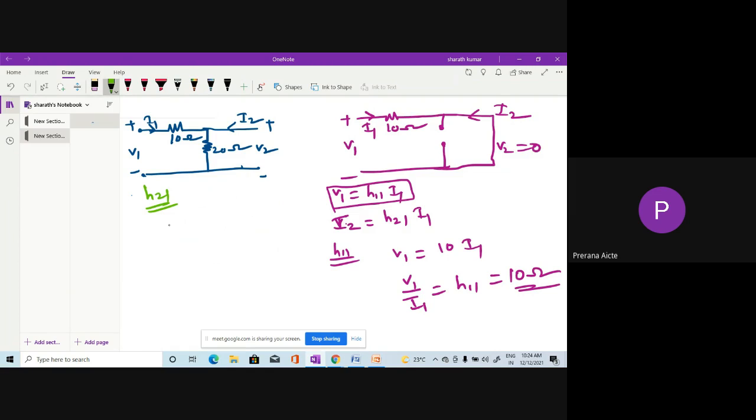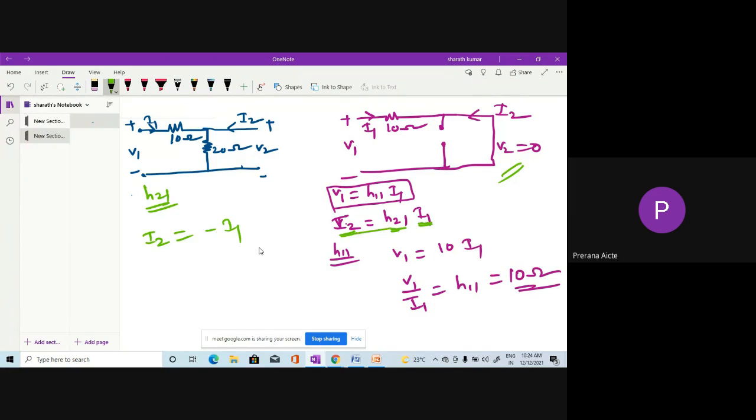We must get I2 and I1, then only we can achieve this H21. From the modified circuit, what we can write is I2 is equal to minus I1, the current which is happening opposite to your current. So I2 is equal to minus I1.